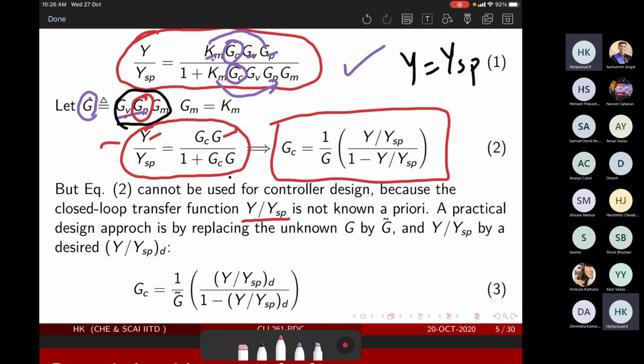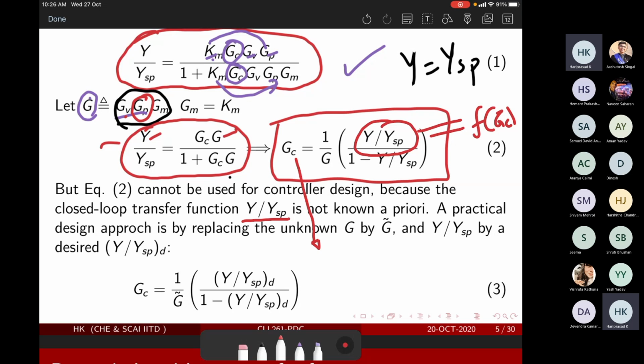So now it is like a catch 22, or chicken and egg, whatever you would like to call it. You wanted to get GC, for which you have done this isolation business. But while isolating, you got some terms on the right hand side which contain y by ysp, which is again some function of GC.